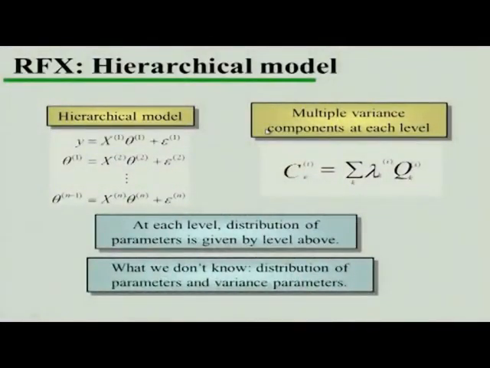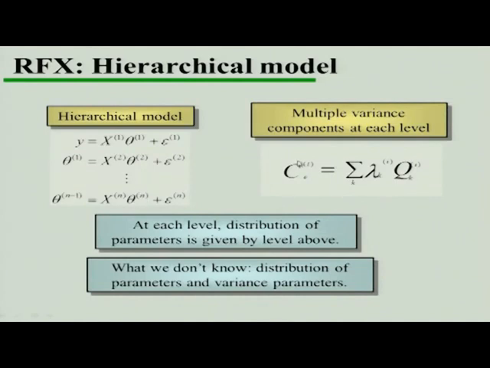So what are these hierarchical models? Well, this is the first level in a hierarchical model, and this is just the GLM that we've talked about this morning. So with the hierarchy, the first level parameters are then dependent on a higher level design matrix and some higher level parameters, and so on right up to some superordinate level.